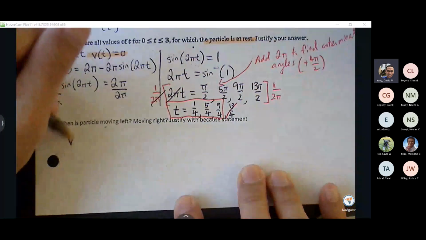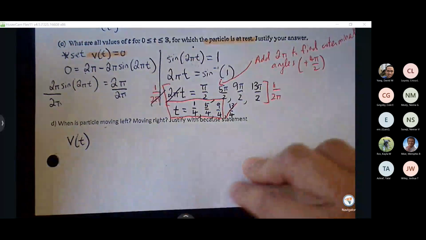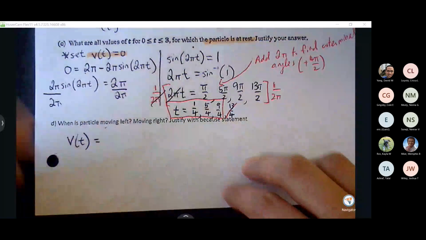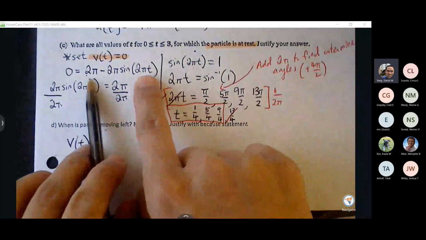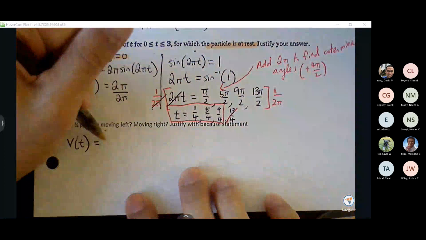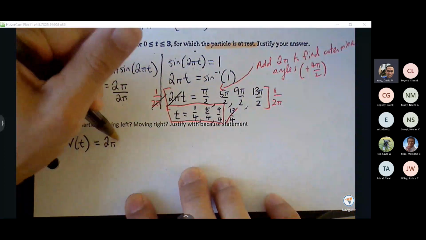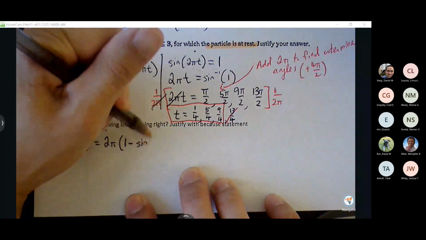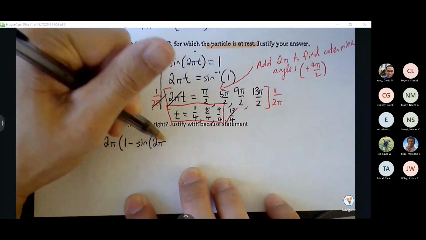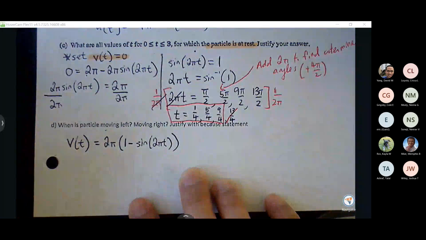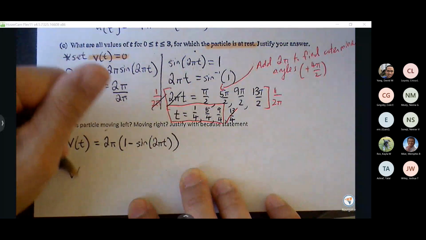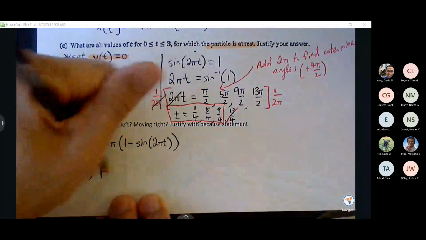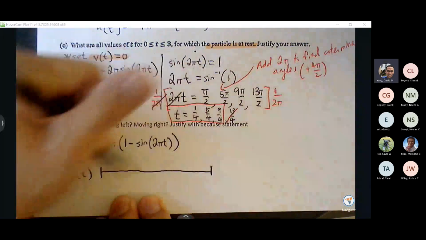Okay, so here's my velocity sign line. I'm going to clean this up. I'm going to factor that 2 pi out. I just think it'll make it easier when I'm trying to evaluate. Okay, so I'm going to start at 0, go to 3.